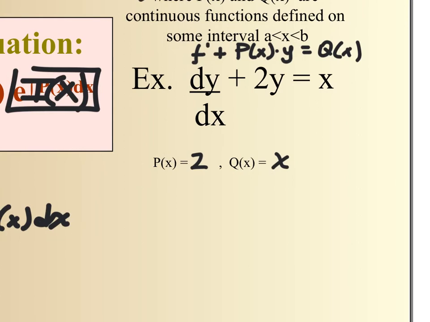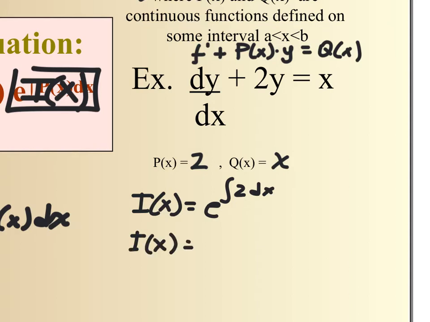Okay, so let's get our integrating factor I of x, which is equal to e to the integral of p of x dx. So our integrating factor in this case is equal to e to the 2x. Now we won't put a plus c on here, and I cover that in the proof of the integrating factor.